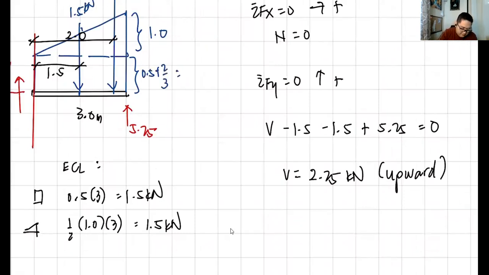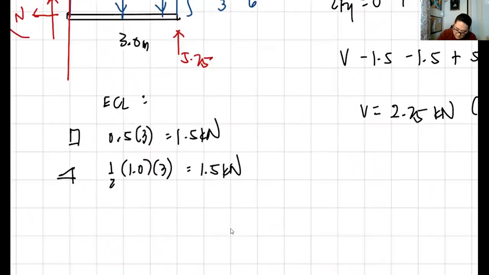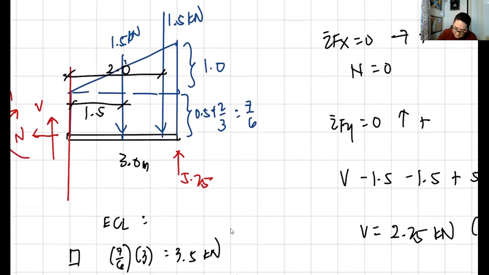So 0.5 plus 2/3 is 7/6. So the rectangular is what's wrong, no? So this should be 7/6, not 1.5. So 7/6 times 3 is 7/2 or 3.5 kilonewtons.